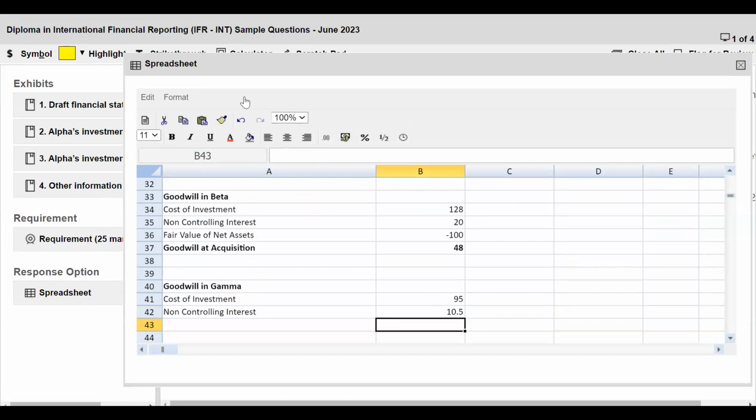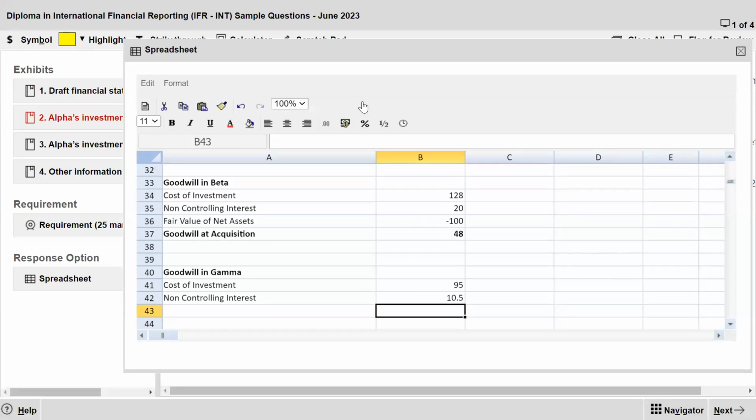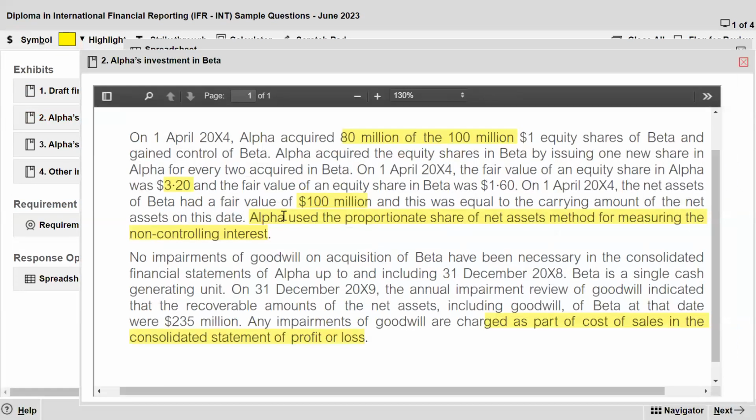Yes, please, go ahead. In the initial goodwill calculation for Beta, the non-controlling interest, I realized that you did 20%. Let me guide you on why. In that specific one, it said that Alpha used the proportionate share of net assets method for measuring NCI, right?